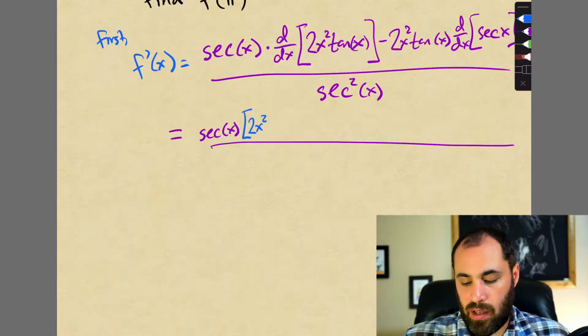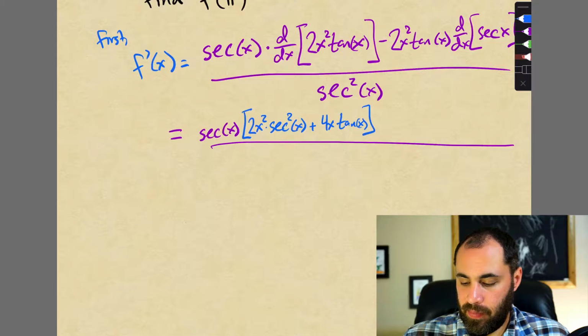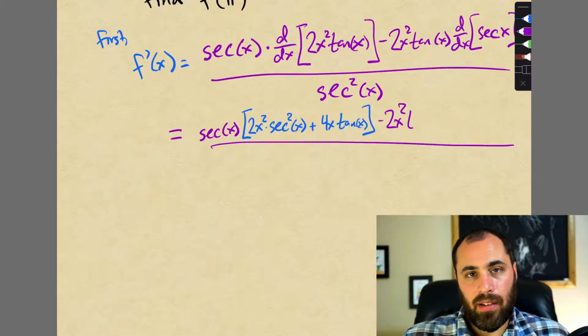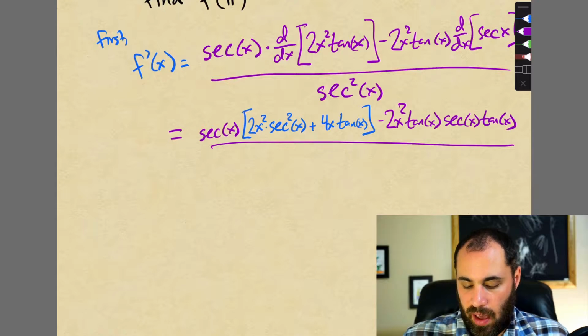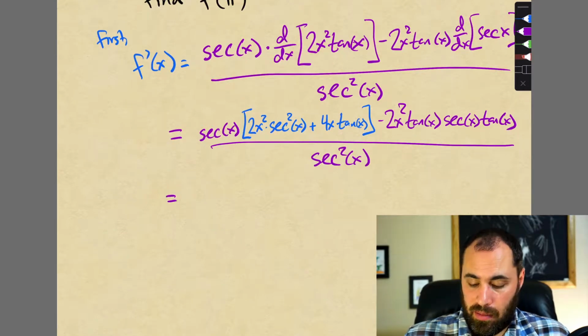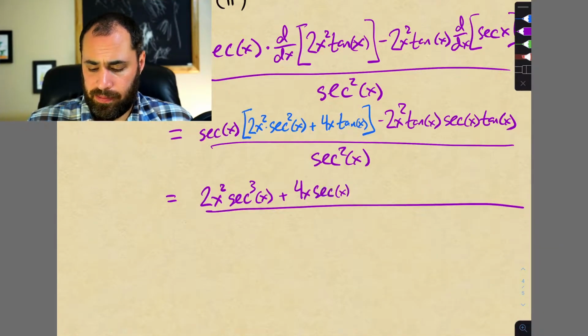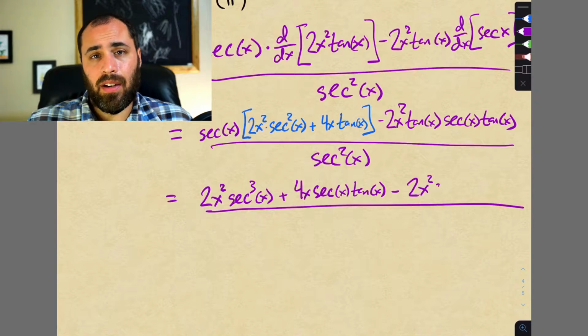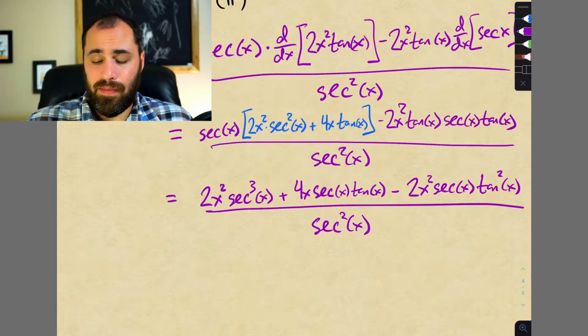So 2x squared times the derivative of tangent plus the derivative of 2x squared times tangent. The derivative of secant, of course, is secant tangent, one of the new rules we just learned. We could leave it like that, but I will distribute on the top here and collect our factors of secant and tangent, and it looks like a doozy.